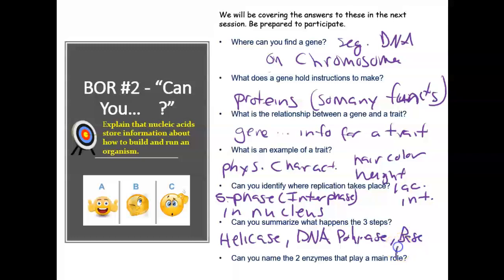Make sure you mention all those. Can you name 2 enzymes that play a main role? So I just did that for you, right? I did helicase and polymerase. There will be an RNA polymerase, so maybe you'll be fine if you memorize polymerase. So basically know the very gist of these prompts.